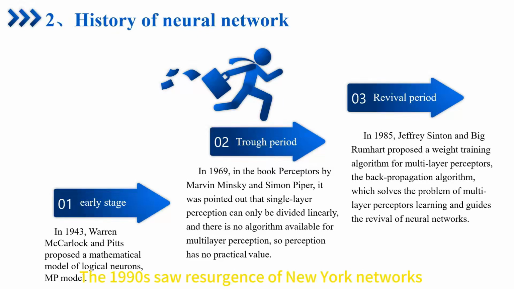The 1990s saw a resurgence of neural networks. It was all due to more powerful computers and new learning algorithms. This led to the creation of more complex neural network architectures, such as convolutional neural networks and recurrent neural networks, which are widely used in today's fields such as computer vision, speech recognition, and natural language processing.